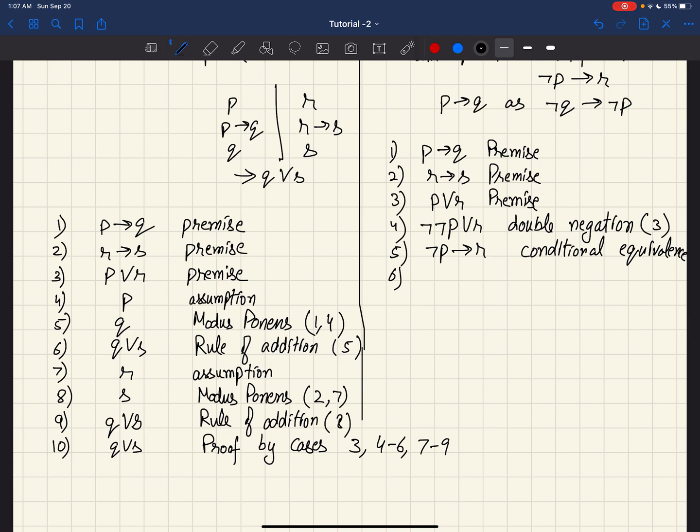Now rewriting P implies Q as not of Q implies not of P would be a contraposition on the first step.